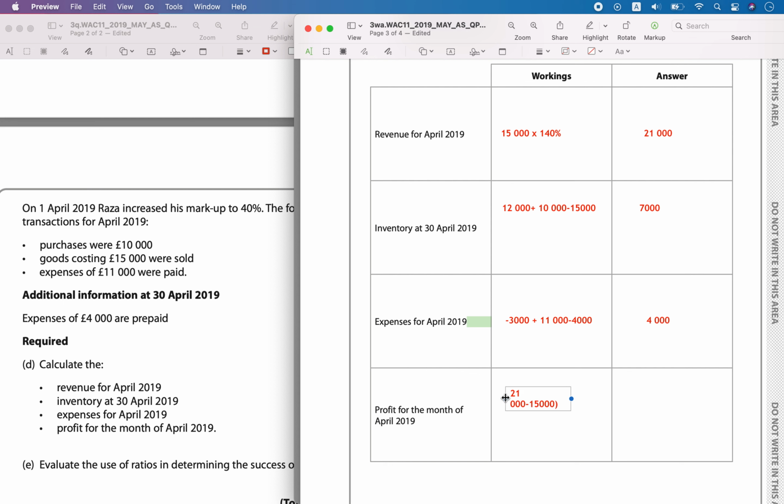The cost of goods sold was around 15,000. So revenue minus cost of sales minus expenses of around 4,000 is going to give you the profit. So that is going to be equal to 2,000.